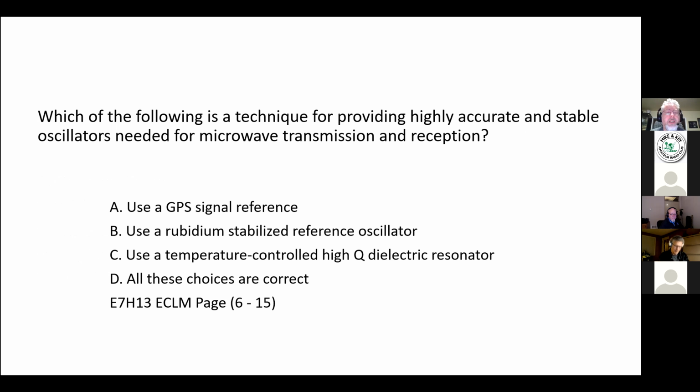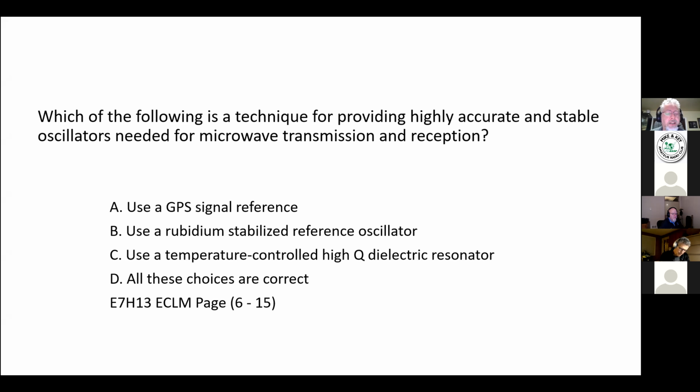Which of the following is a technique for providing highly accurate and stable oscillators needed for microwave transmission and reception? A, use a GPS signal reference. B, use a rubidium stabilized reference oscillator.